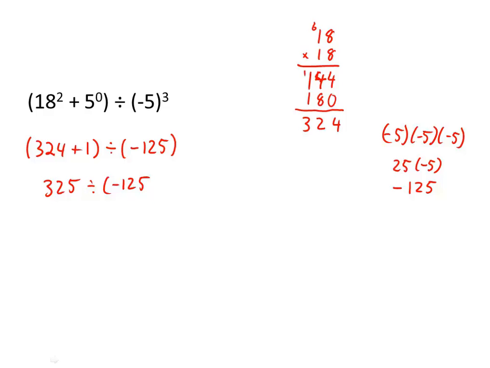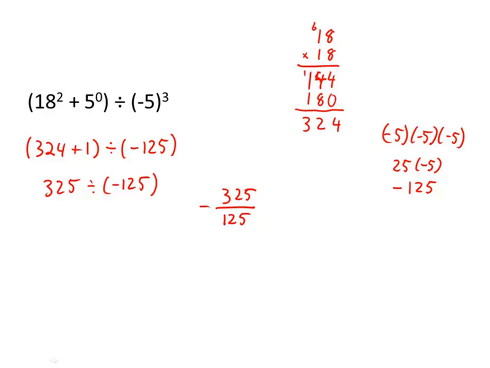So now that's going to be more or less our final answer right here. I'm going to put it in fraction form. I'm going to go 325 over 125. So you can write it kind of like that and negative in front of there.